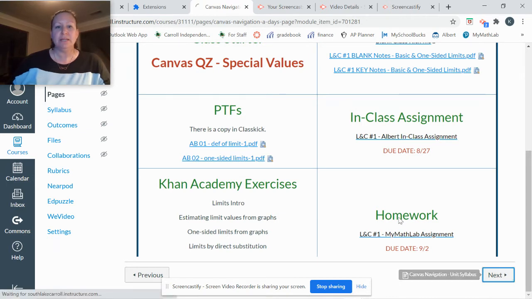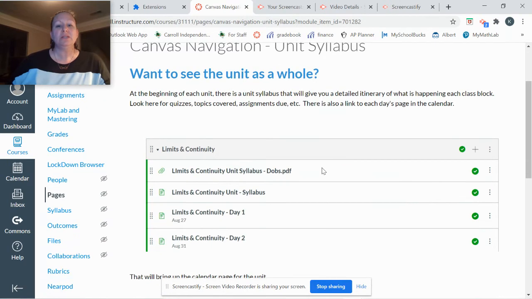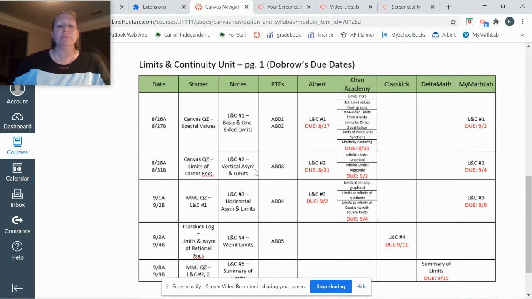All right, what's next? Here we go, unit syllabus. So if you want to see the unit as a whole, I have given you 2 things. I've got a PDF file that you can download and keep on hand if you would like to. And then I've also got a page that you can reference back. And that page looks something like this.